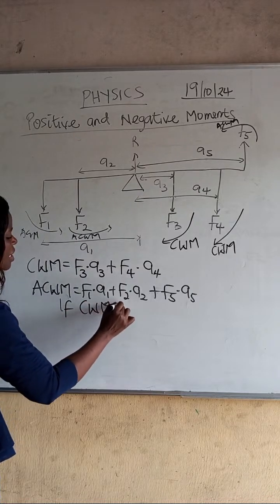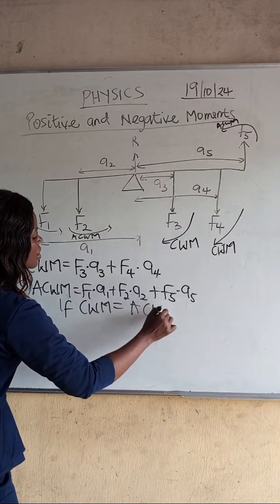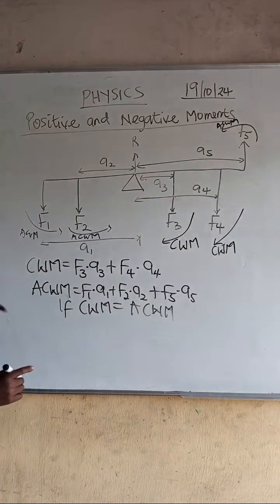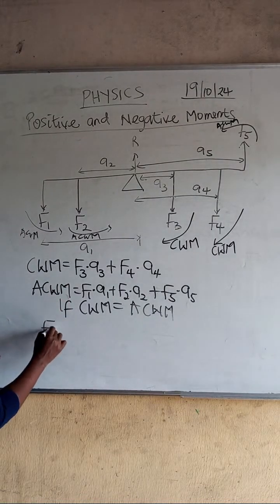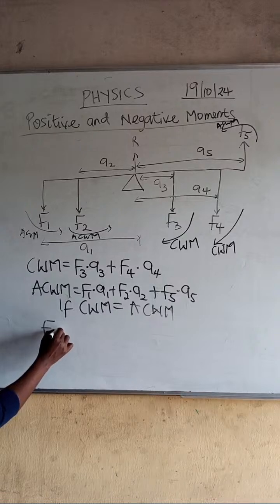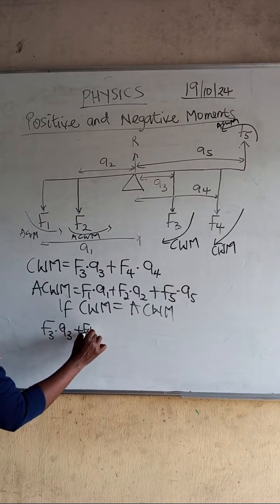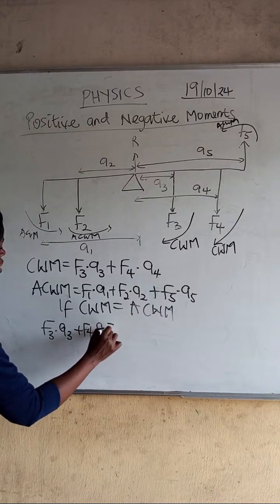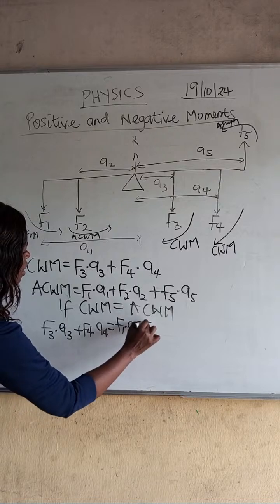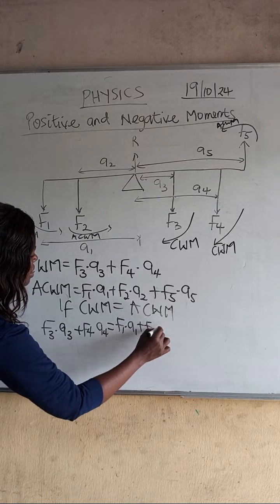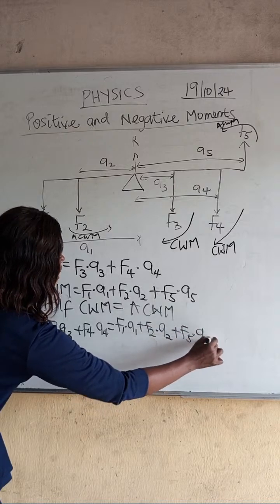Now from the principle of moments, if clockwise moment is equal to anti-clockwise moment, what do we say? We say that F3 dot A3 plus F4 dot A4 is equal to F1 dot A1 plus F2 dot A2 plus F5 dot A5.